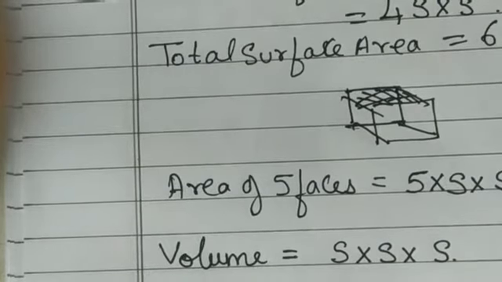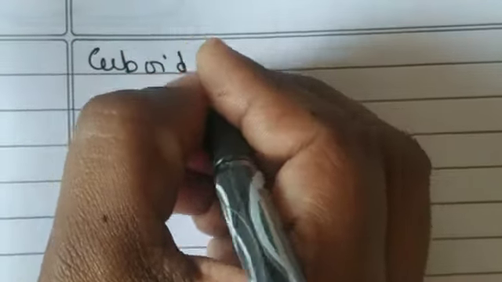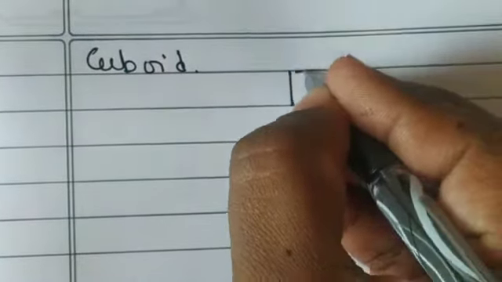Now we are going to learn the formula to find out the cuboid. You have noted what a cuboid is: it will be in a rectangular shape.